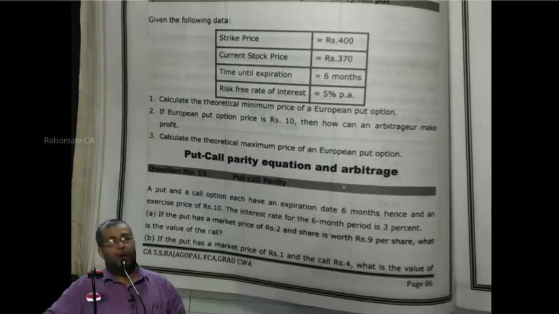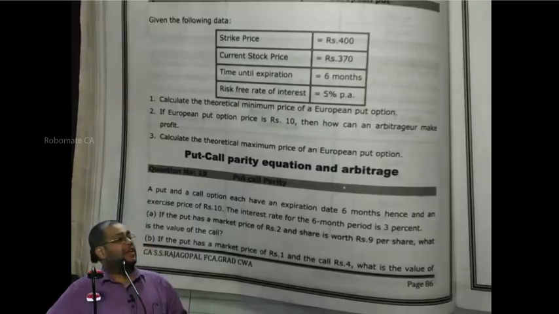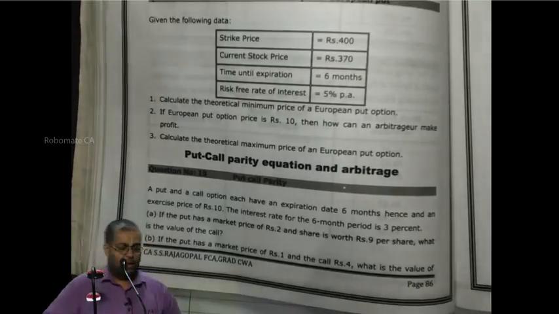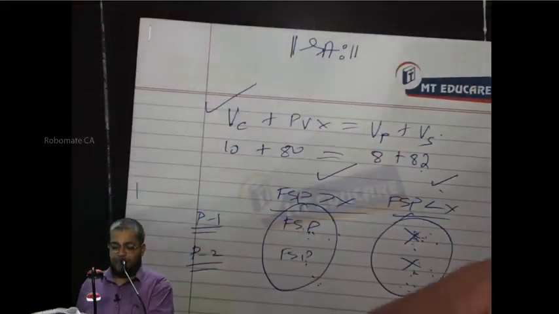Can I proceed? Now, the first step is to calculate the present value of the strike price and then further develop the answer. Write down first. Step 1. Calculation of present value of strike price.